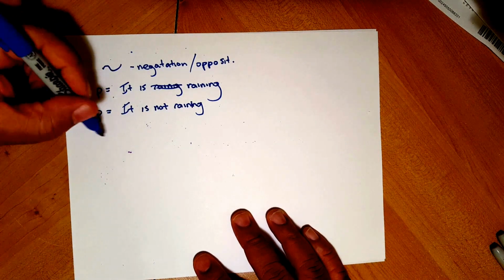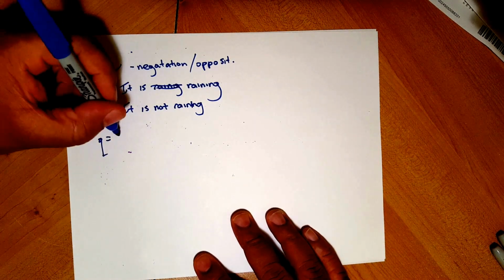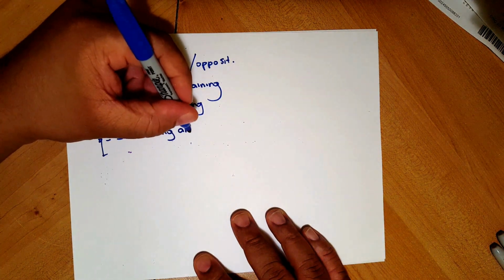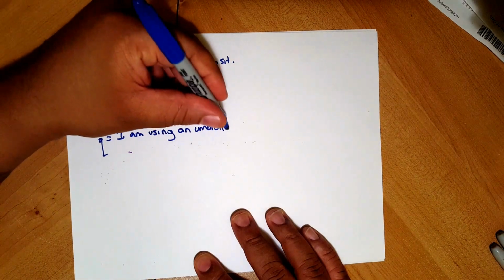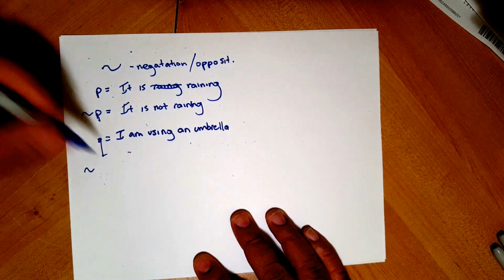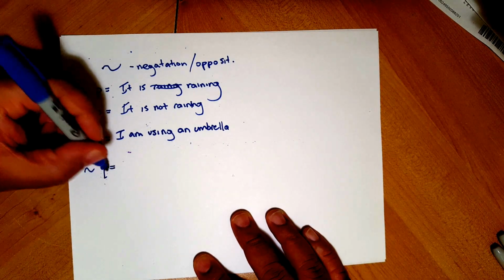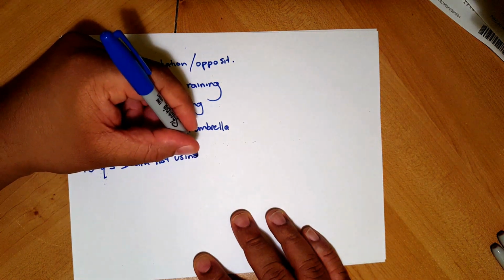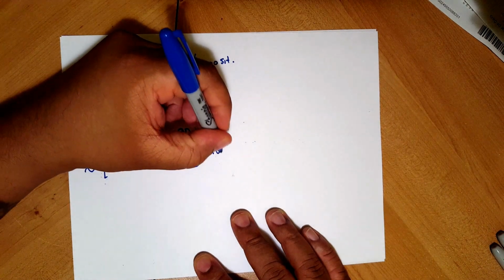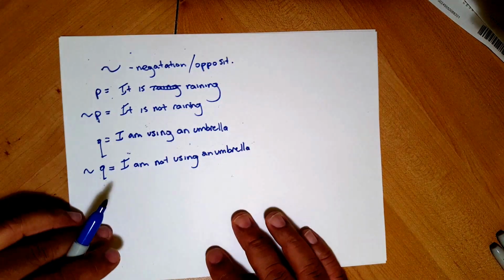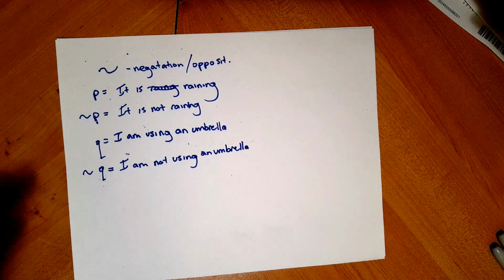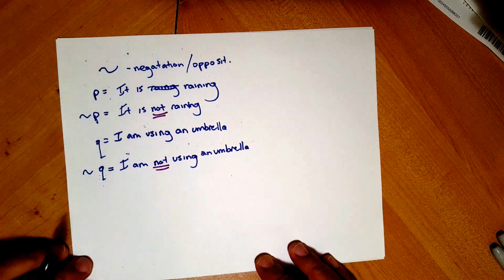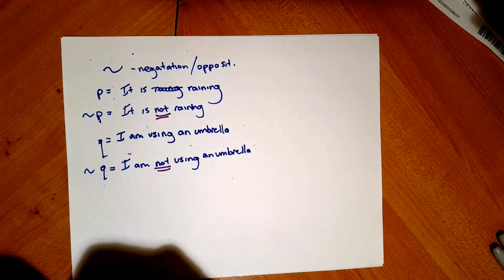So my other example I had was, if I say my statement Q is, I am using an umbrella, the negation of that, not Q, I am not using an umbrella. So again, we have a statement and we negate it. We make it the opposite. Most often, we can tell by the not in there.